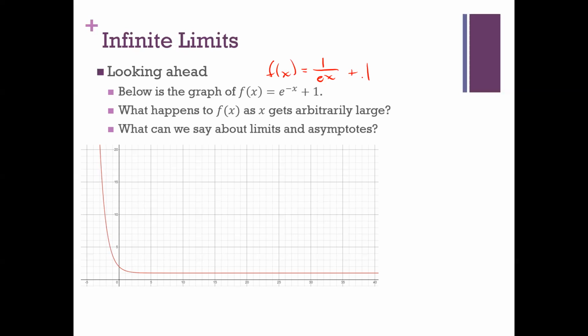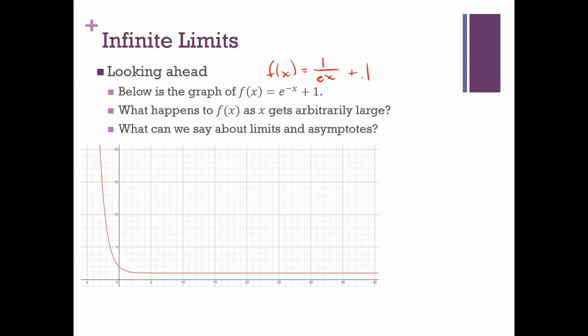Is it going to have a limit? If I divide 1, a constant, by something that's growing and growing and growing, yes, it's going to get smaller, but it's going to trend towards something, right? It's always going to be positive, so it's going to get closer and closer to 0. And then the last step, which is probably the easiest: what if I take that thing that's getting really close to 0 and add 1 to it?